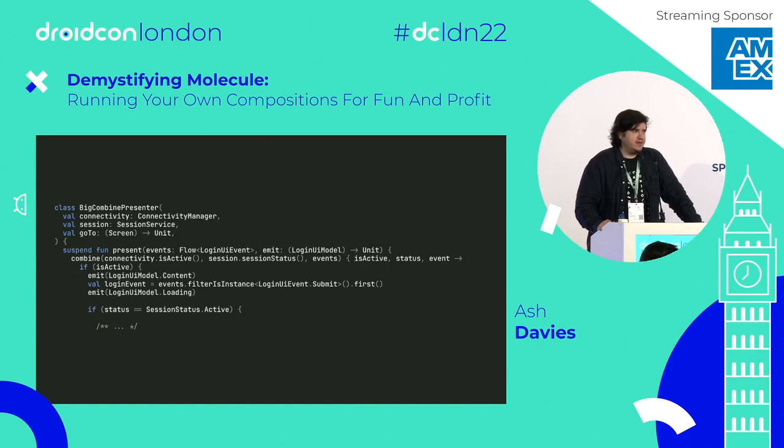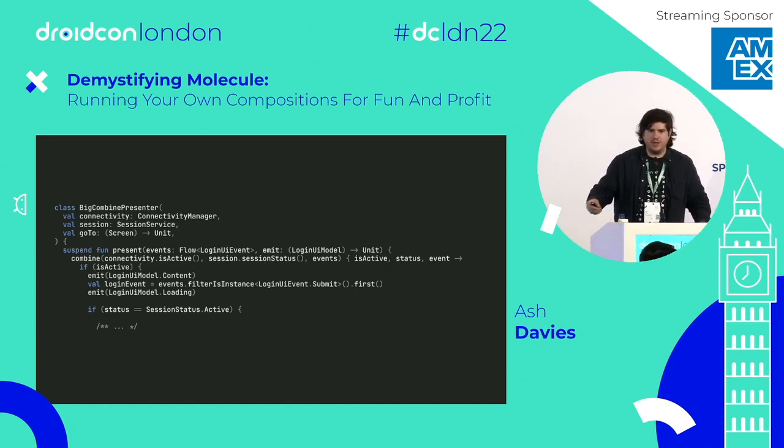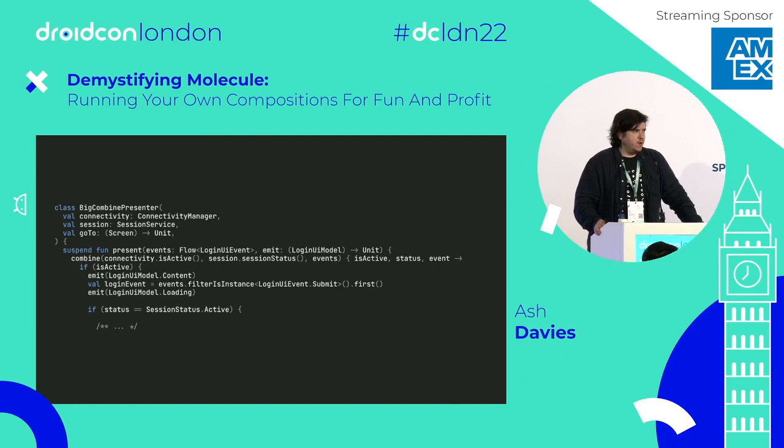So you end up with these very weird RX-style combine operators, or map with latest, flat map with latest, combine with this, combine first, combine last. And it's just a little bit overloading because you're having to change the same code over and over again. And if you're familiar with the beloved SOLID principles, this obviously violates open-closed. Not that I'm going to get into that.